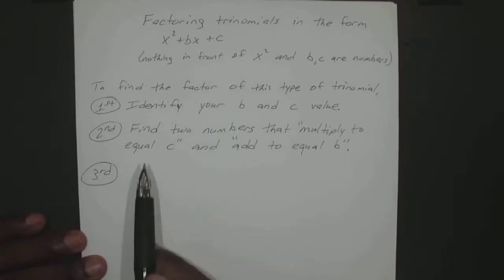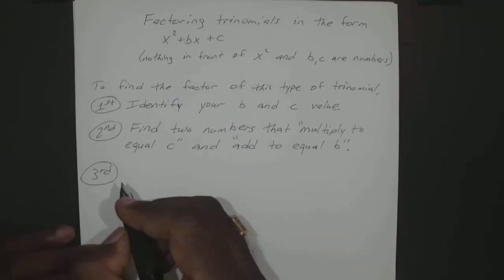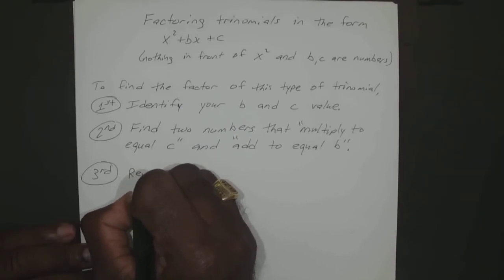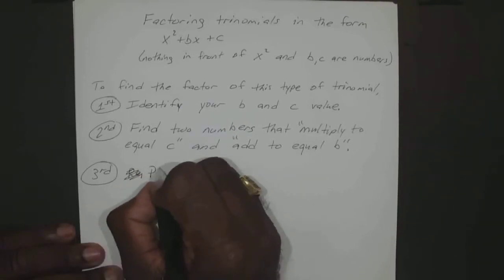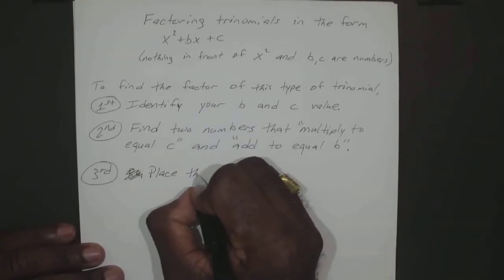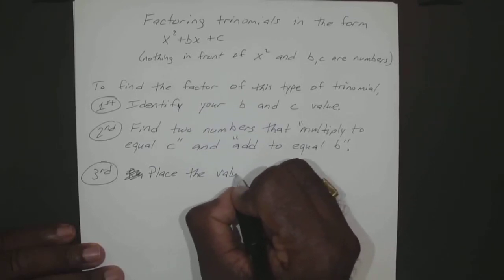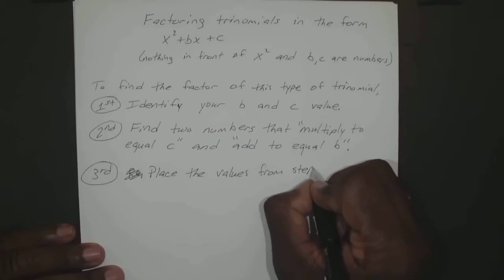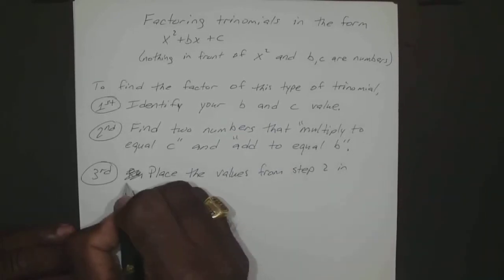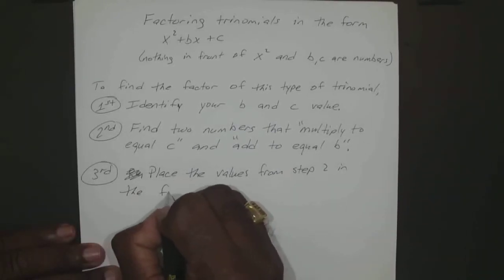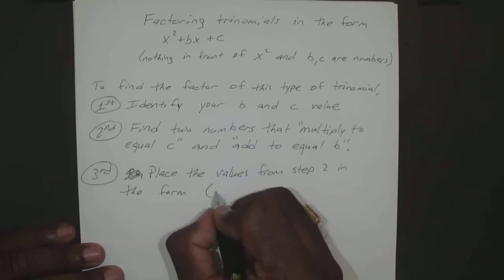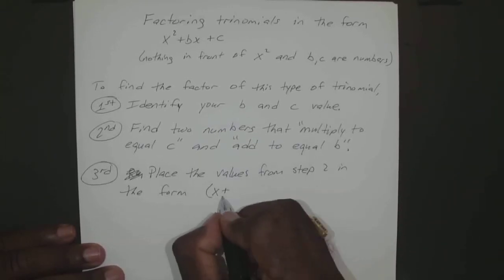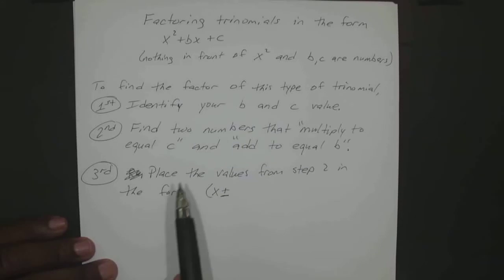Okay. So once you find those two values, place the values from step 2 in the form (x ± number)(x ± number). It's going to be either plus or minus, depending on what values you have.